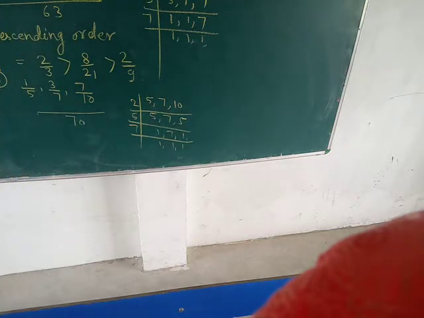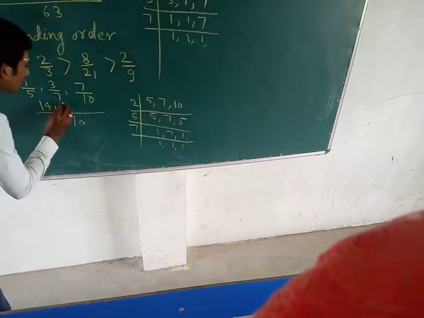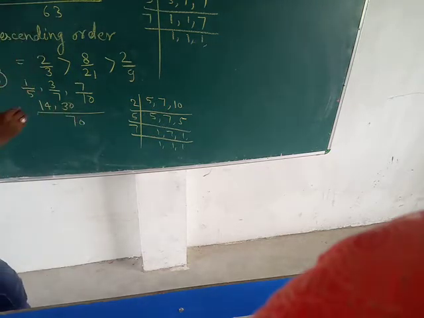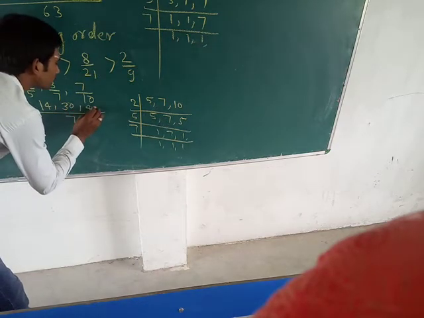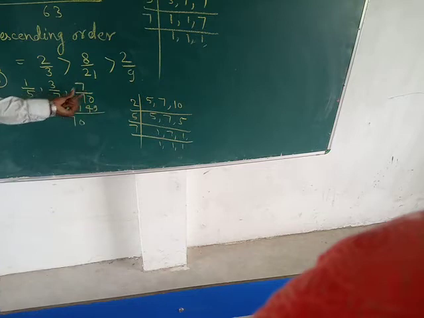Now we divide 70 by 5. We get 14. 14 1 ja 14. 10 3 ja 30. And 7 7 ja 49. The greatest number is 49. Means greatest fraction is 7 upon 10.